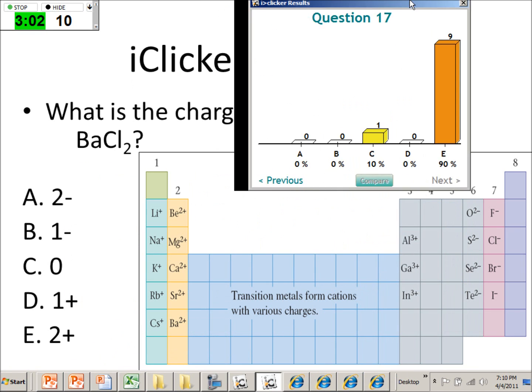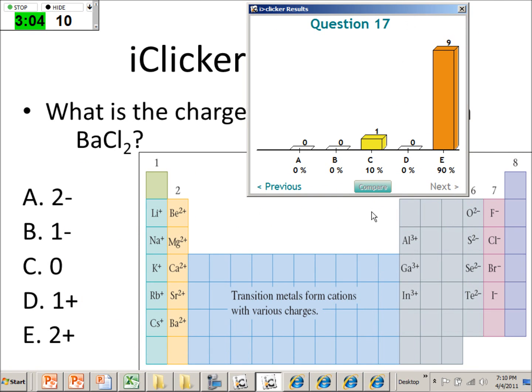E, +2. Okay, so there are 2 ways to do this. The first way is to just look and see what column barium is in. It's in this 2 column. Those always give up 2 electrons. There's really no ambiguity there. So just by looking at that, you could say barium's going to be +2 to gain this noble gas configuration.